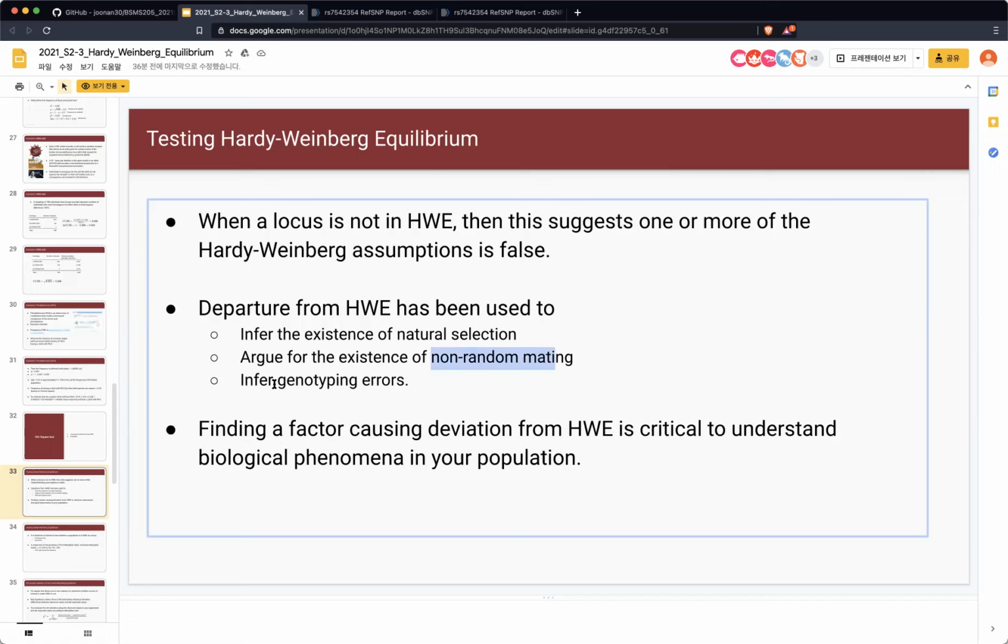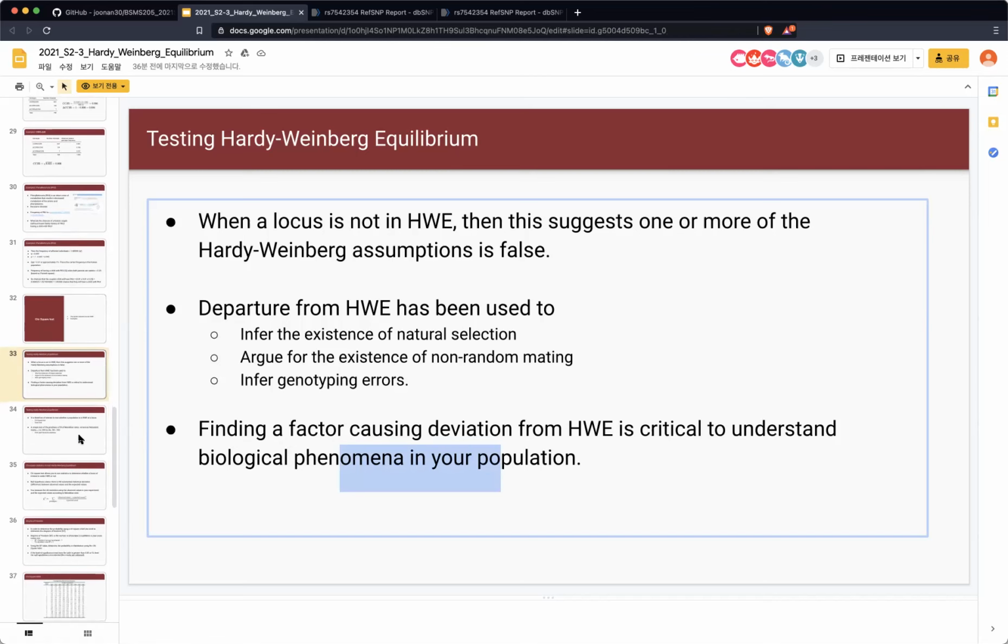And also sometimes the departure means genotyping errors, right? Because we measure something, and the measurement itself can be erroneous, right? So Hardy-Weinberg disequilibrium may indicate genotyping errors. So finding the factor causing this deviation from Hardy-Weinberg equilibrium is critical to understand biological phenomena in your population, and also improves our analysis.